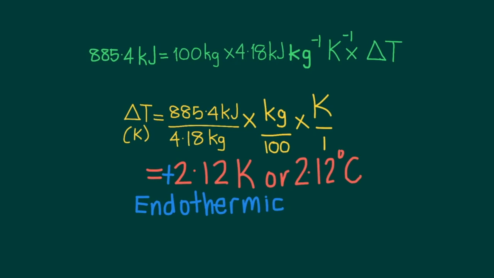Solving for delta T, we make delta T the subject of the formula, and then we solve this equation, and the answer comes to 2.12 degrees Celsius or 2.12 Kelvin. The positive sign symbolizes that the reaction is endothermic and that the system gains energy and the surroundings loses that energy and becomes colder.